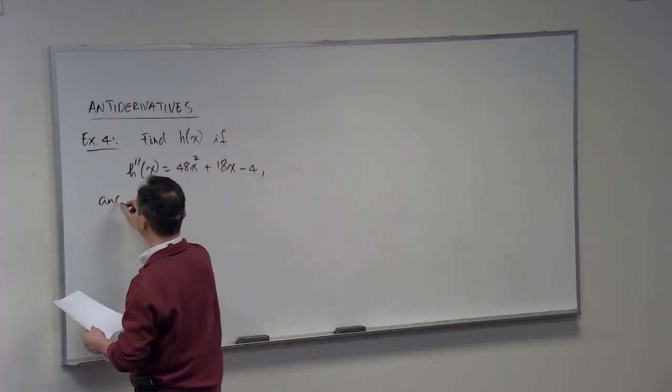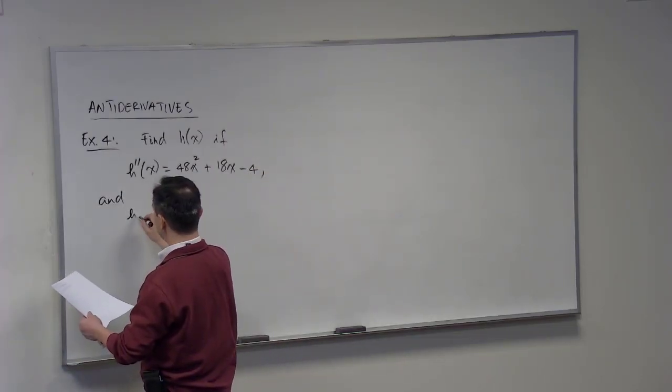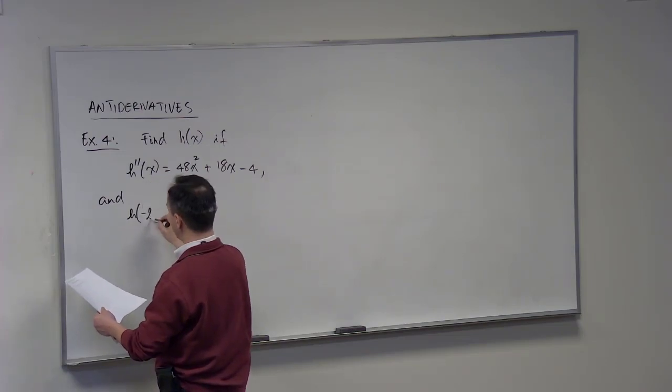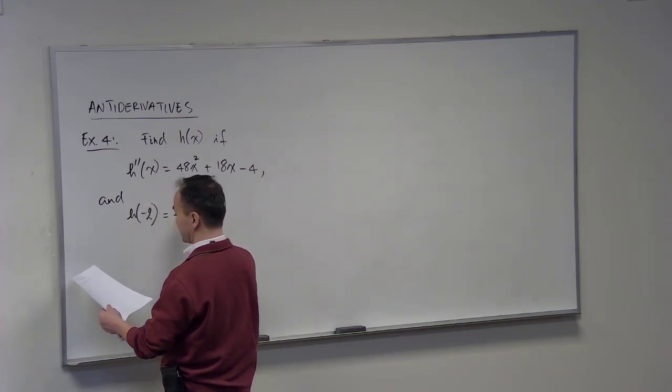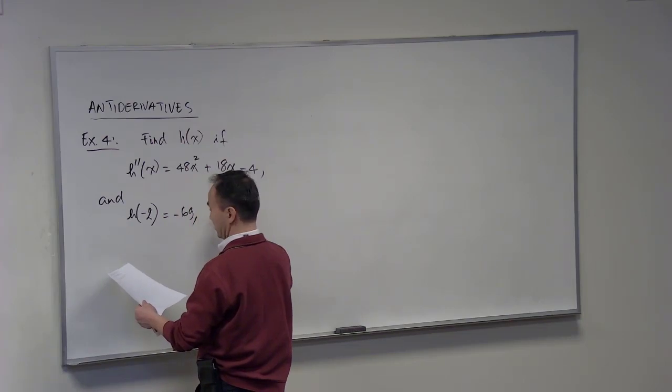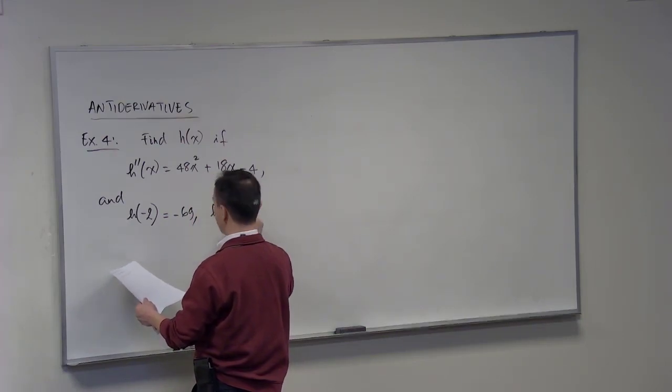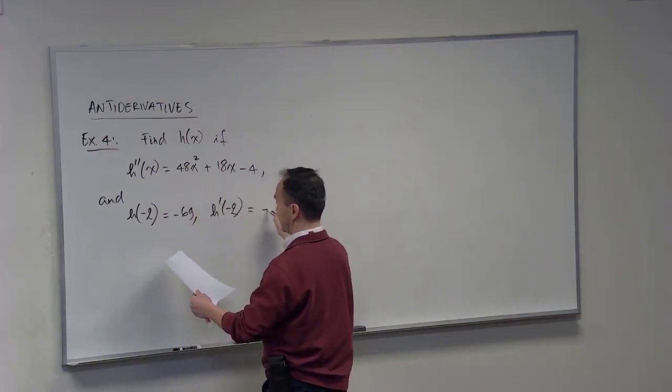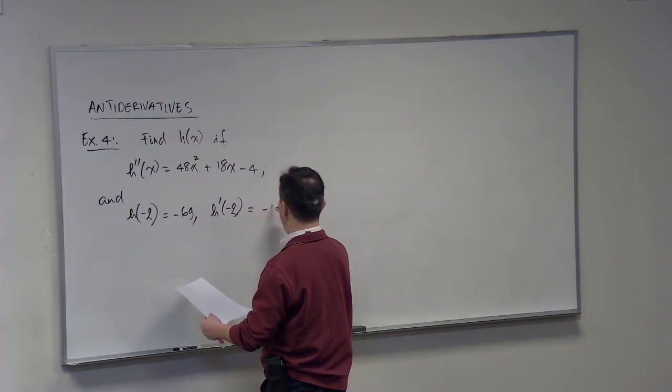And another given condition right here: h of minus 2 equals negative 69, and h prime of negative 2 equals negative 51.